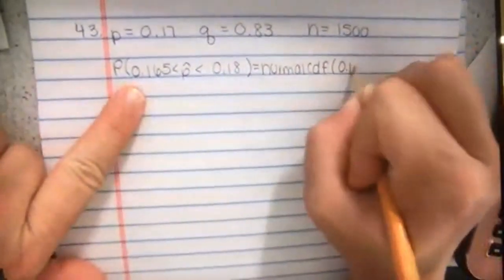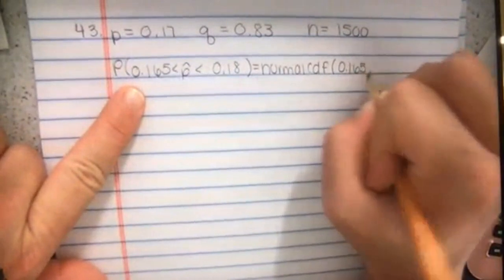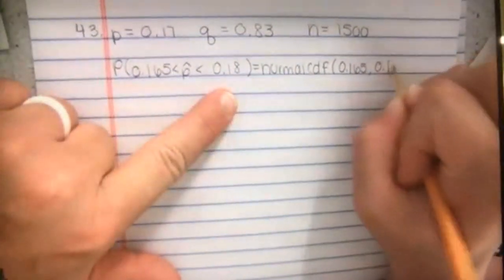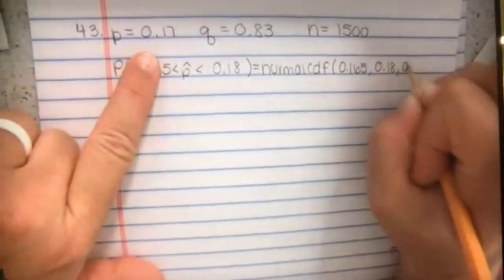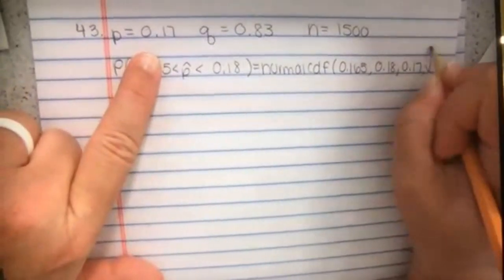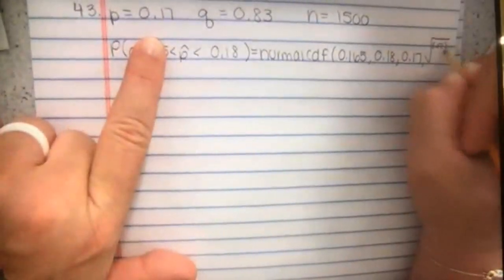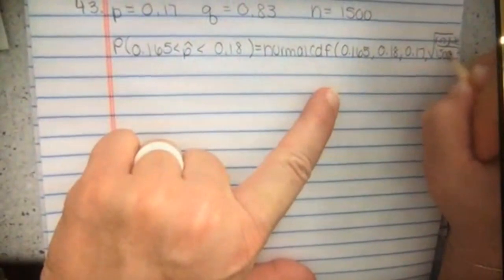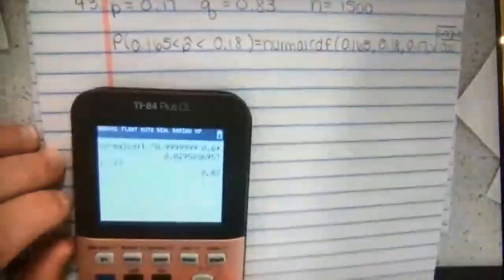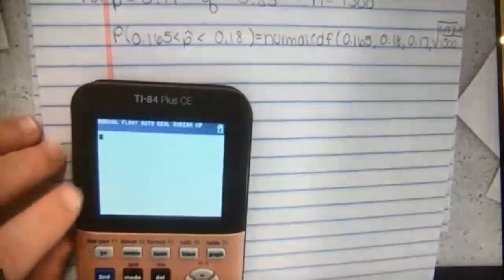Our lower limit's at 0.165. Our upper limit's at 0.18. Our mean is our p-value, which is 0.17. And our standard deviation is the square root of 0.17 times q, which is 0.83, all over our n value, which is 1500. So let's put it into our calculator.